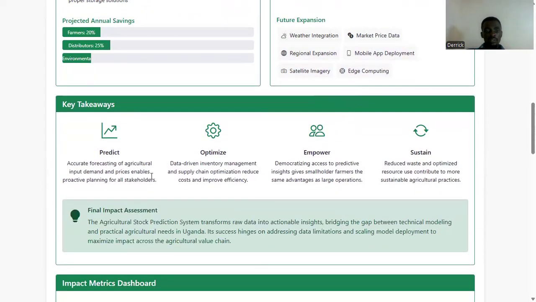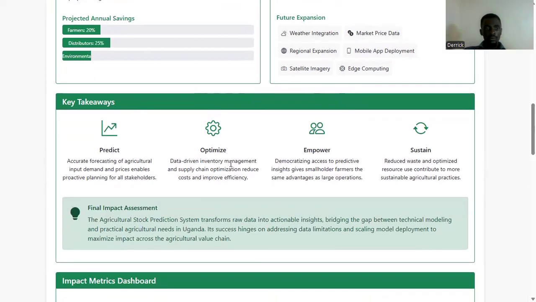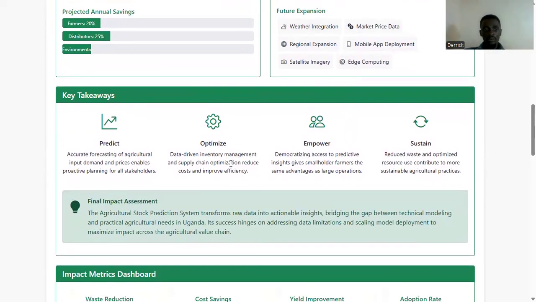And the key takeaways, the system predicts, optimizes, empowers, and sustains. Accurate forecasting of agricultural input demand and price enables proactive planning for stakeholders.